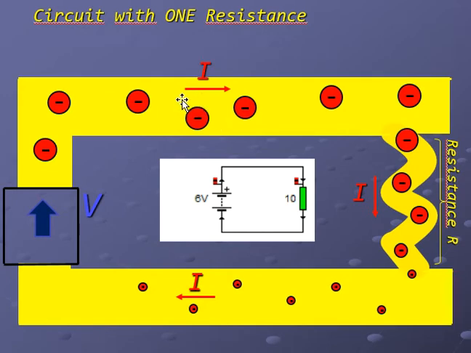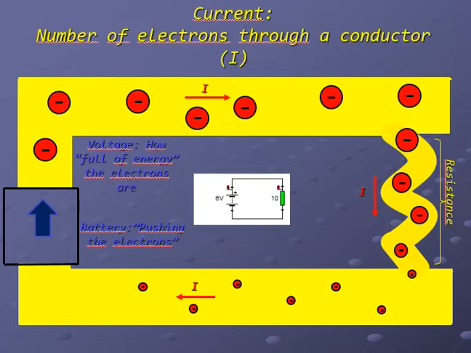They don't waste their energy in a conductor, they waste their energy in a resistance. So the current, as I say, is the number of electrons through a conductor. We count the number of electrons here, and we measure this with the unit ampere. This is the current. So we have the same current here, the same current here, and the same current here.